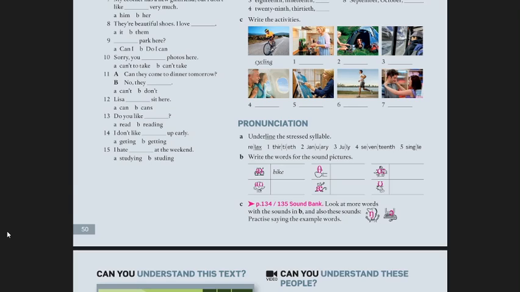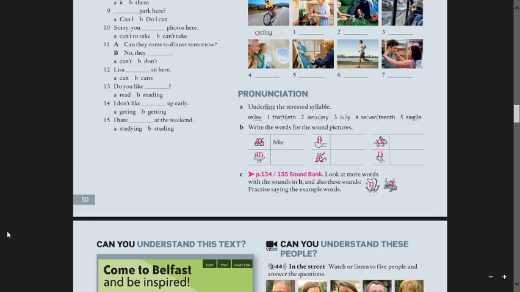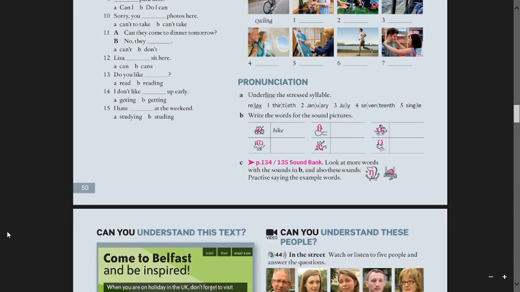Tienen ahí el simbolito fonético y tienen un dibujito, entonces tienen que escribir el nombre de ese dibujito, ¿ok? The word for that picture, and you have an example. Bike, okay? Well, then you have to go to the sound bank and you have to look for more words with the same sounds and add to those words. Escribir más palabras si quieren, pueden hacerlo, pueden escribir más palabras en el chart, ok, con esos mismos sonidos que les pide ahí.